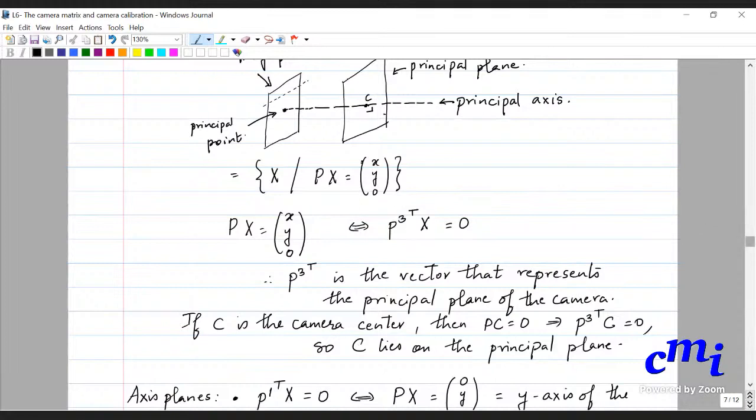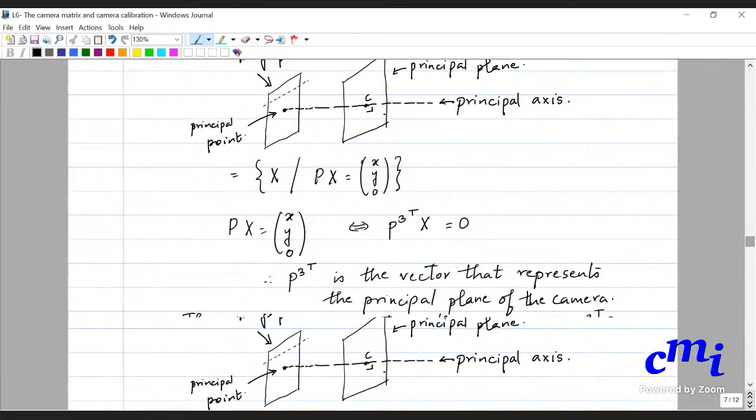That is usually how the equation of a plane is expressed in terms of the normal vector. So the third row of the given matrix P tells you the principal plane of the camera. P3 transpose is the vector that represents the principal plane of the camera.